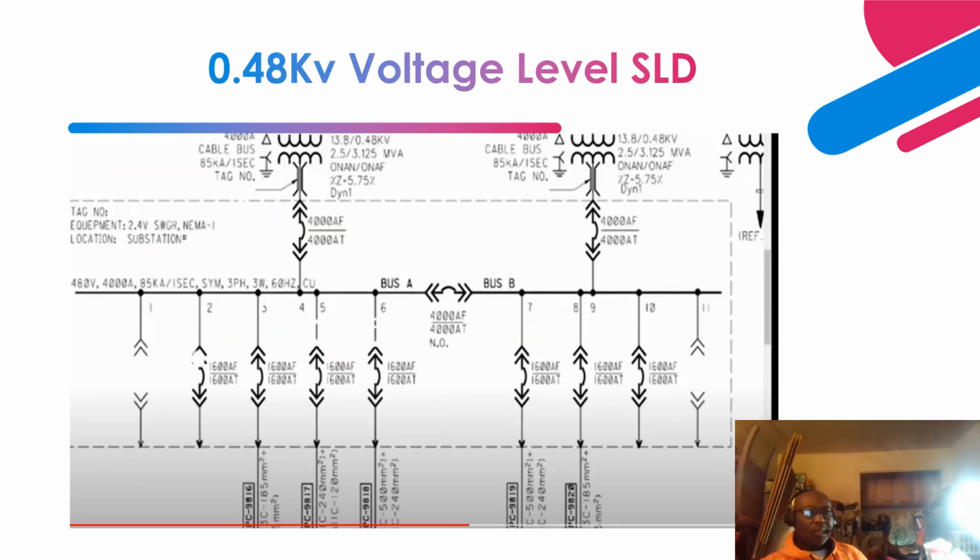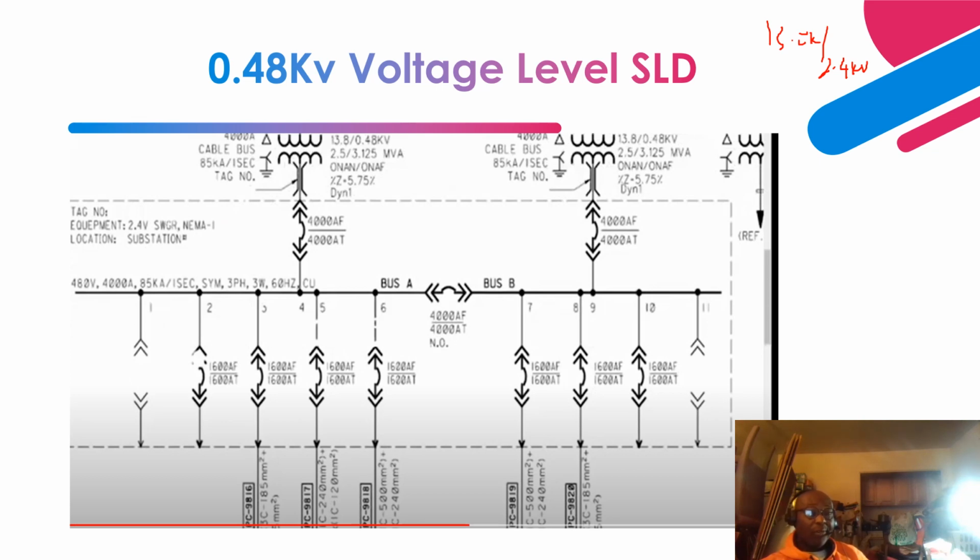Now let's talk about the 480 volts level. In previous slides we've talked about the medium voltage level, 13.8 kV, and the 2.4 kV switchgear level. Now let's talk about the very low voltage side.